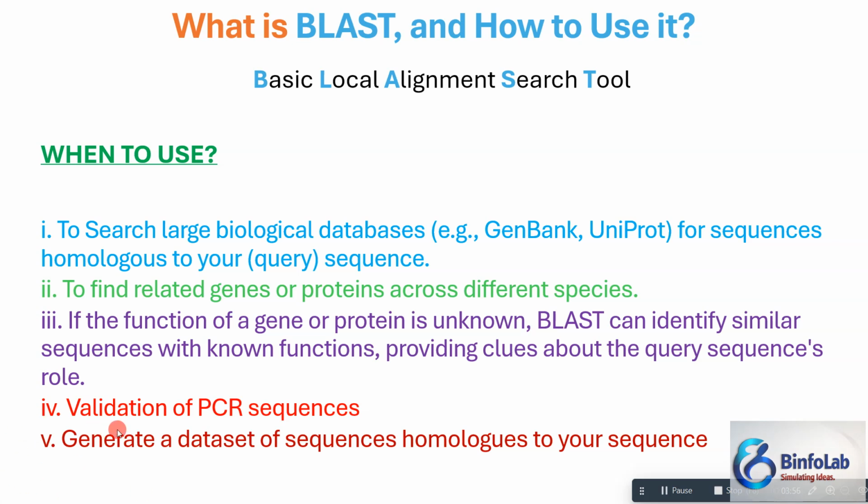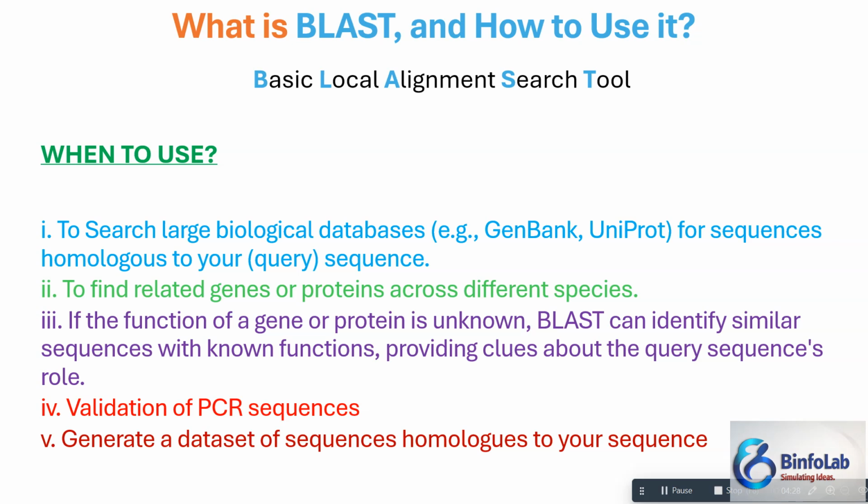Number 4. For example, you have performed PCR and sent your PCR product for sequencing, and now the company has sent you back the sequence information. In that scenario, we also use BLAST to find out whether our PCR product is the correct one or not.